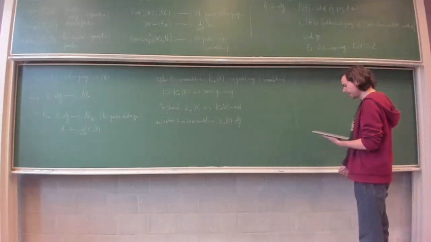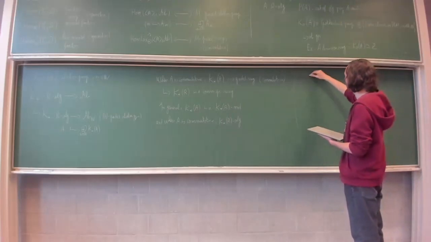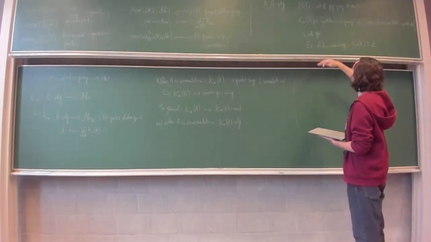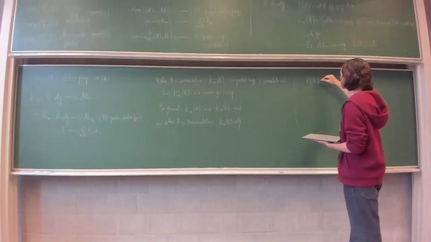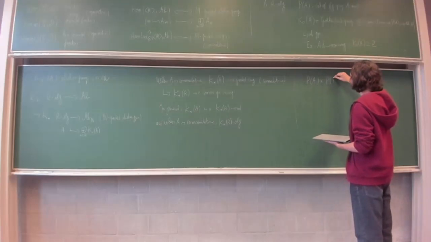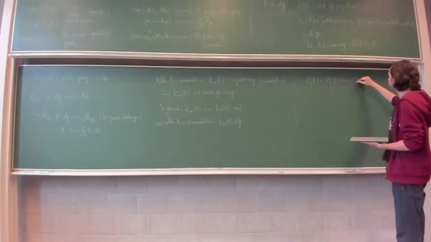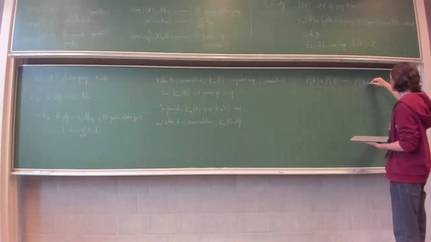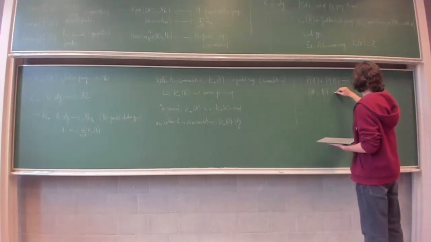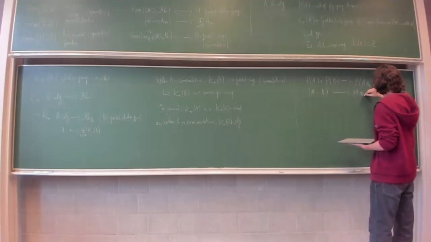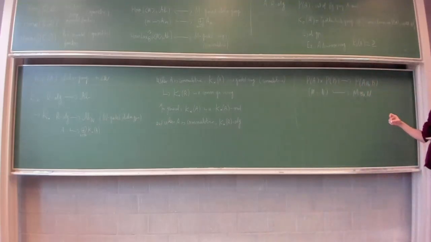Basically, the idea is that at the level of the category of projective modules, you get something like this. If you have a projective A module and a projective B module, then you get a projective module over A tensor B. Just take M tensor N over R. A acts on this factor, B acts on this factor.